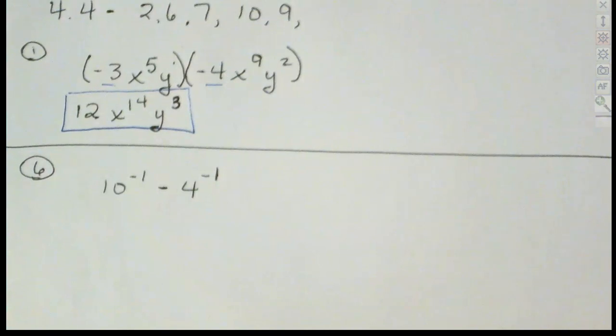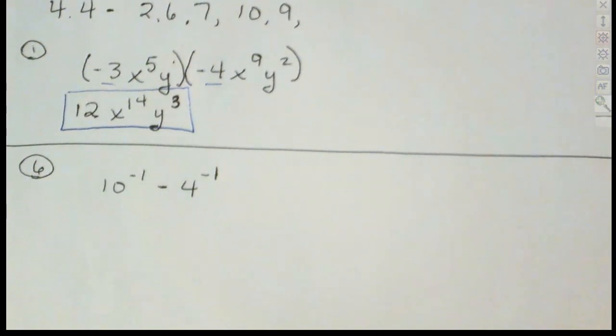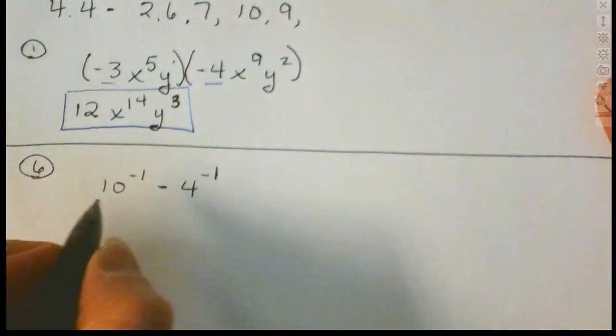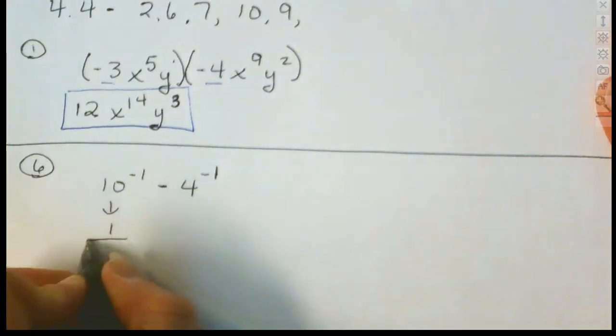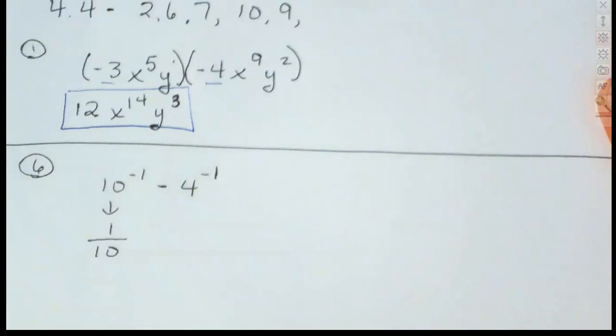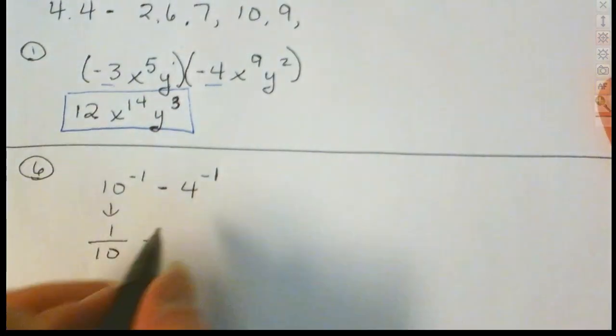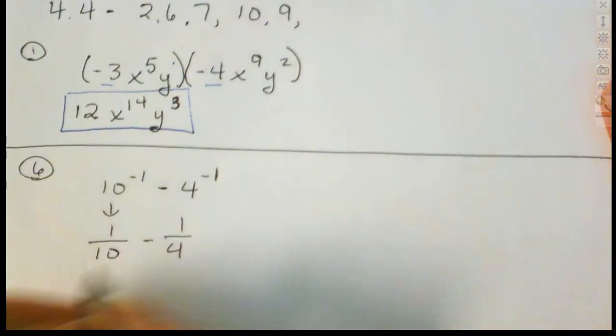Well, before we can subtract these, remember, order of operations states that exponents must be done first. So these exponents are negative, so we're going to rewrite them as a fraction. So I can rewrite this 10 to the negative first as a fraction, and that's going to be 1 over 10. And I can rewrite that 4 to the negative first as 1 over 4.